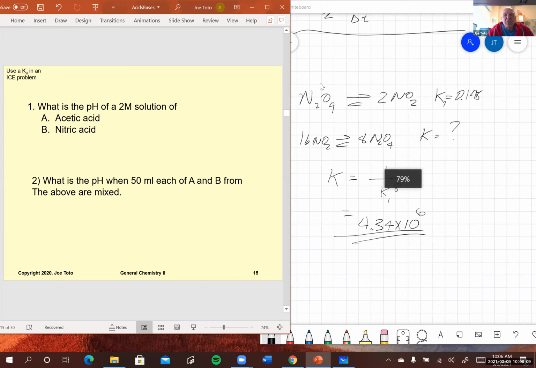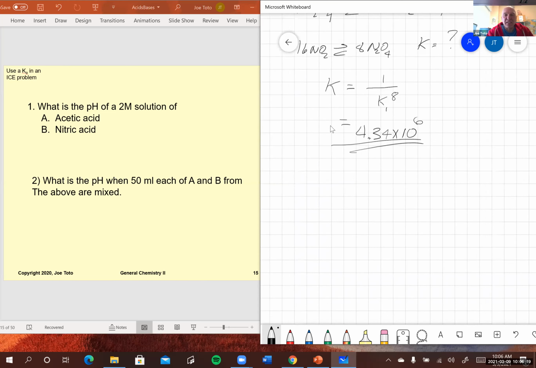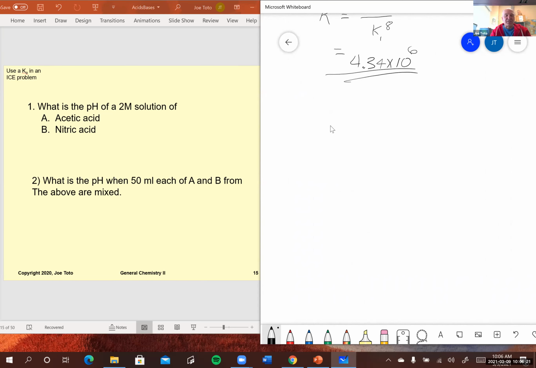So in order to find the pH of these solutions, we probably can start at many different points. But I often like to start out with definitions. So first of all, what is the definition of pH?